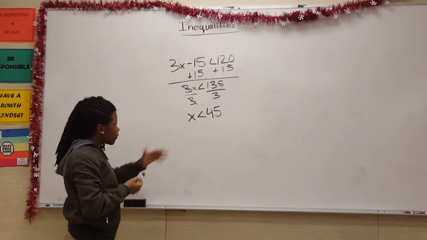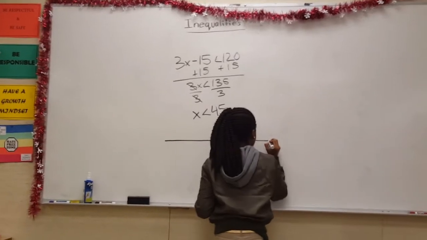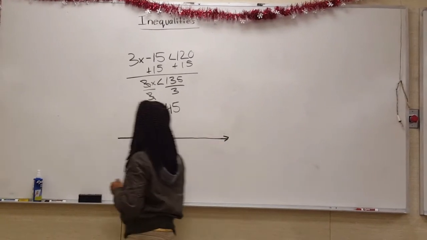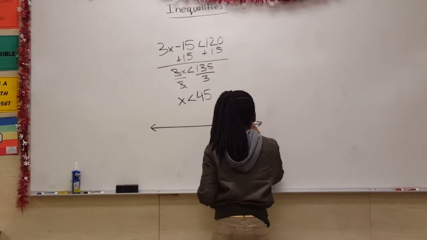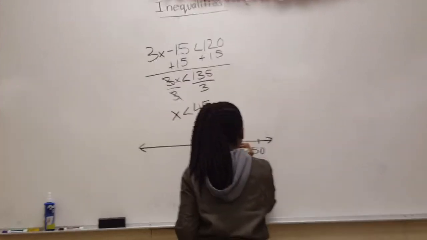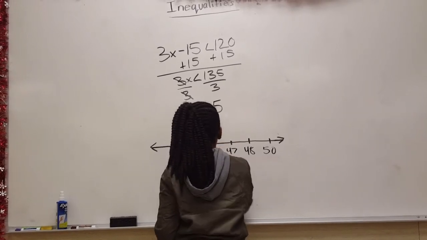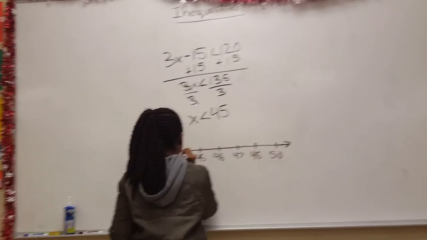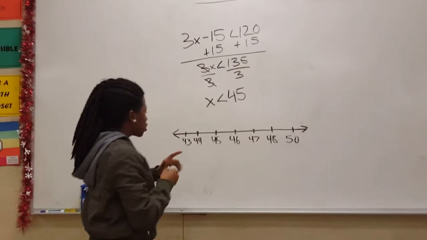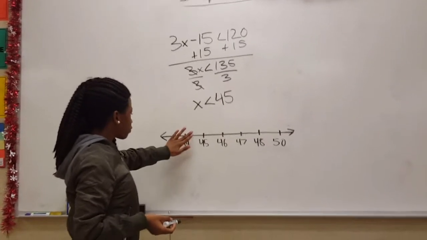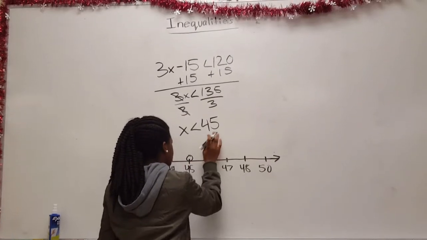Now, in order to graph this inequality, we will need to draw a number line. The number line doesn't have to start at any specific number. When we're graphing this inequality, we will plot the circle at the 45, since this is the number right here.